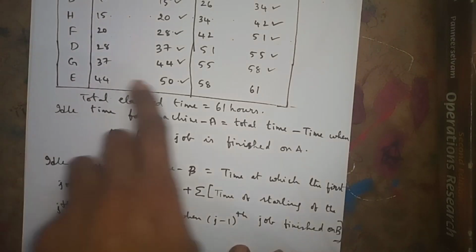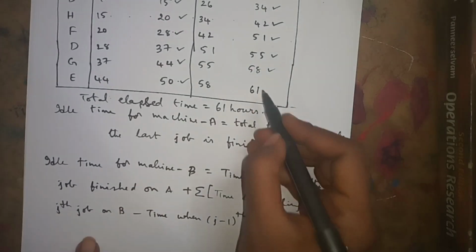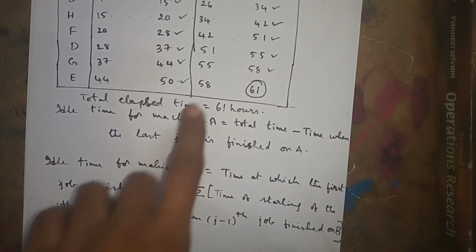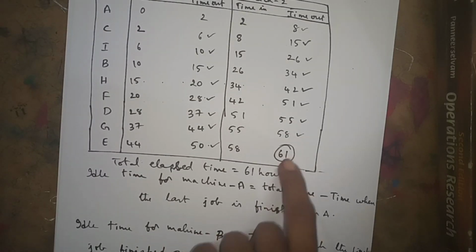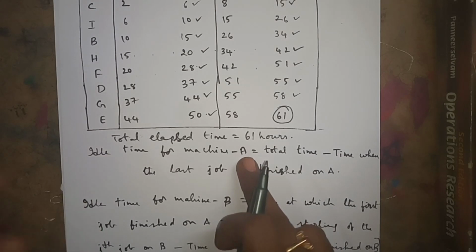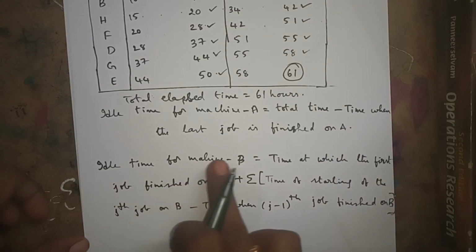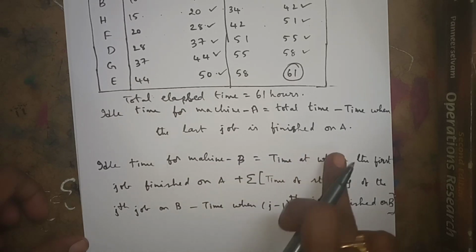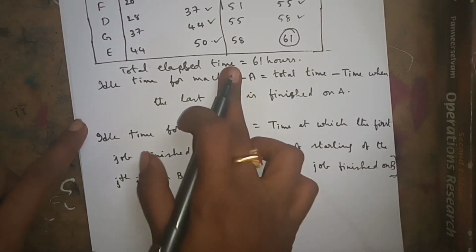Total elapsed time is the total time after completion of the first machine and the second machine, which is 61 hours. After that, idle time for machine A or machine 1, both are same. I am writing the formula. Machine A or machine 1, this is the formula, and idle time for machine B or machine 2, this is the formula.